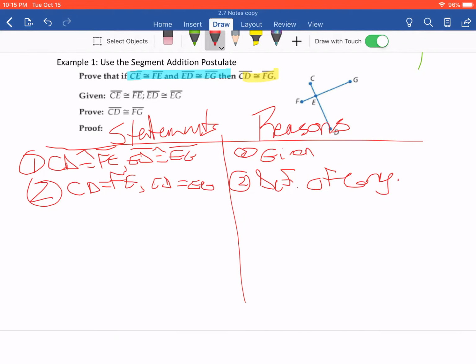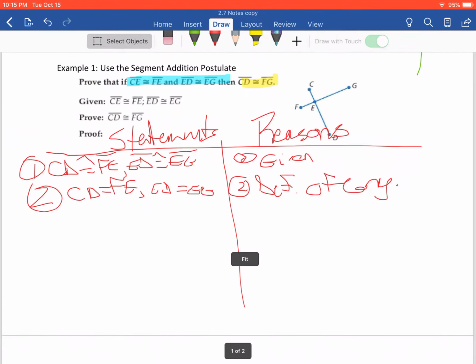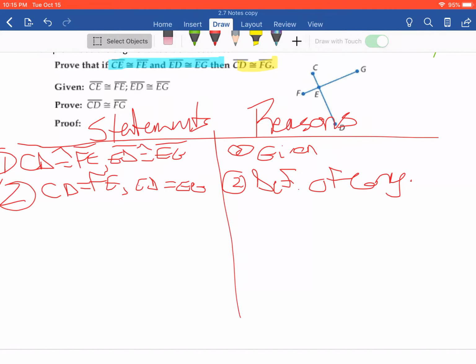Then we get into step three. This is where we're going to use our segment addition postulate. When we start using the segment addition postulate, we want to talk about one of the two lines. It doesn't matter which one, the distance from C to D or F to G. I'm going to start with the distance from C to D. So step three, the whole line is equal to the sum of the parts.